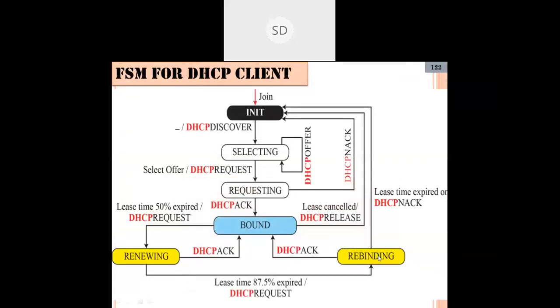In the rebinding state, again it waits for renewal. If an acknowledgement is received, it again enters the bound state. If not, it means we have crossed that lease time, and it enters the initialization state. This is the overall FSM for the DHCP client.